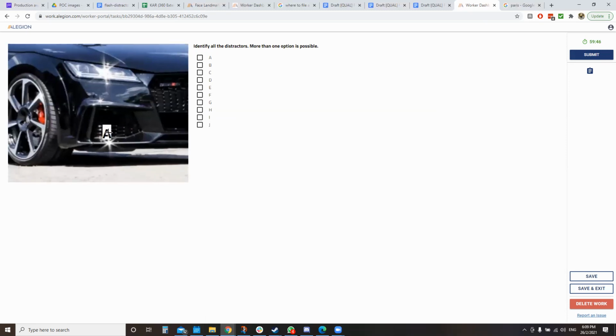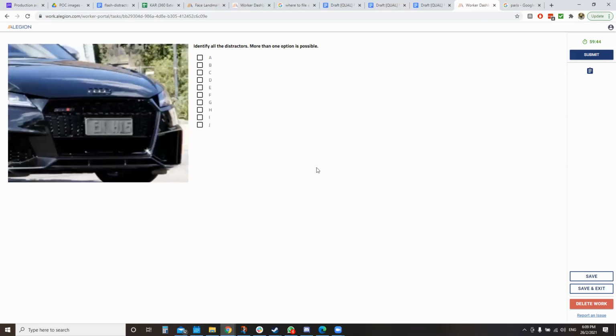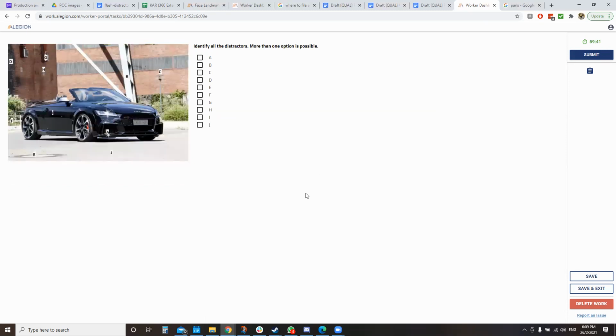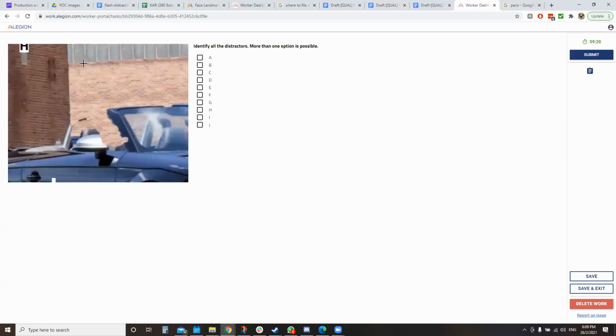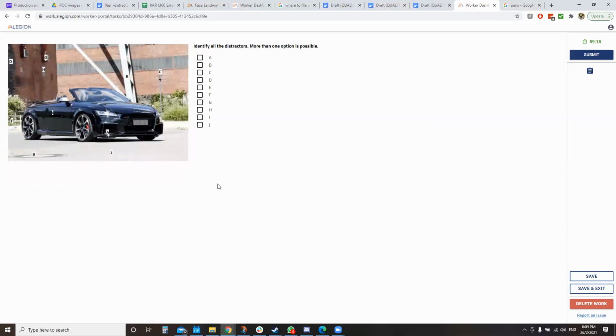So let's look at A. First, tell me the focus of the picture. The focus is the car and, I assume, the building, of course. Correct? What do you think is the focus? Yes, Shavin.